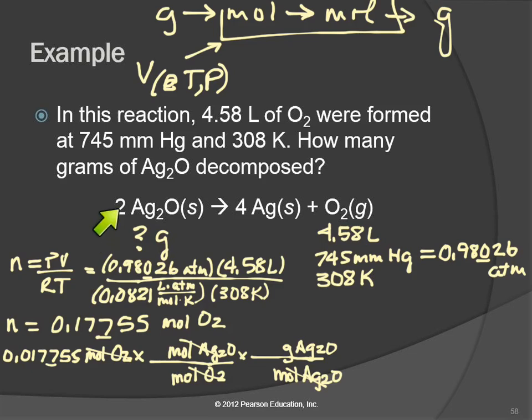From the equation. The balanced chemical equation tells us 2 moles of this give us 1 mole of that. So I got a 2 here and a 1 there. And then how do we figure out the number for that last part? Periodic table. I think it's 107.9.